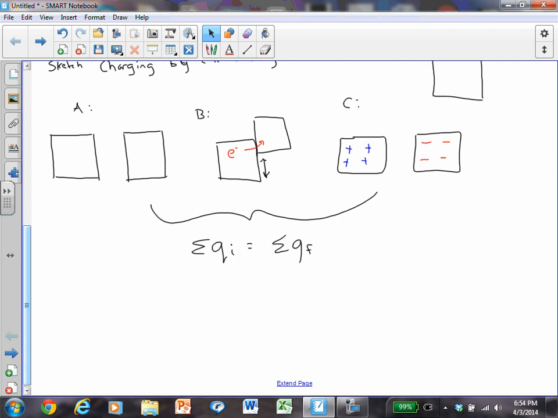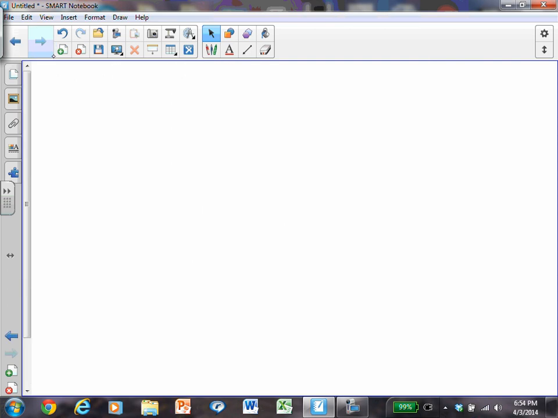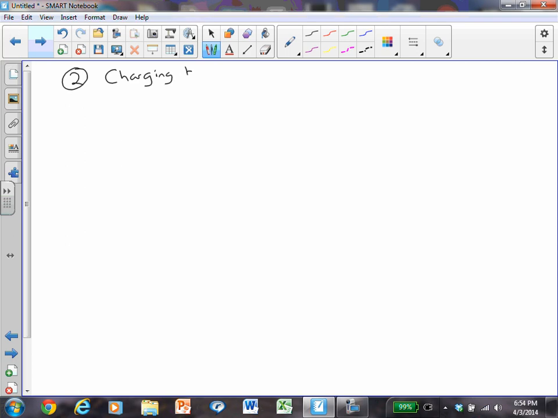The next method we'll look at is charging by conduction. So for charging by chemistry, we see that we need two insulators. We need the deep wells. Charging by conduction, you need two conductors.